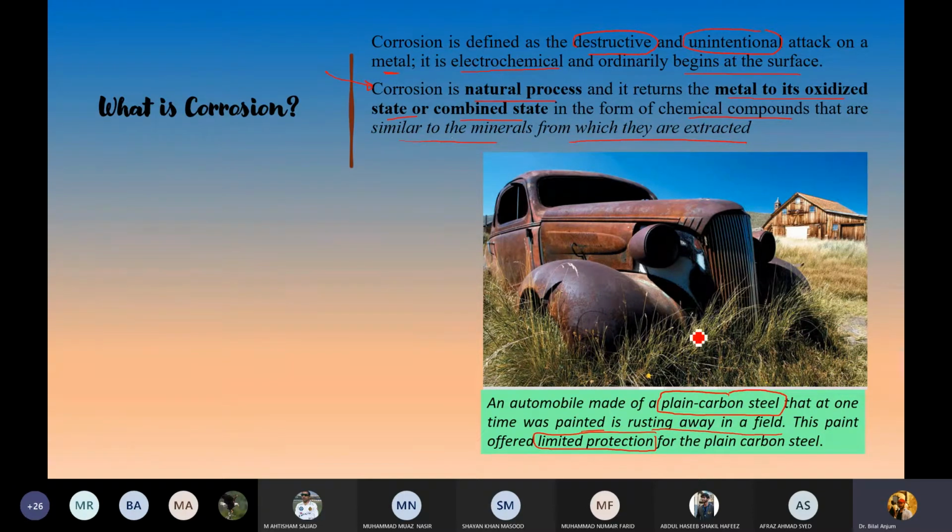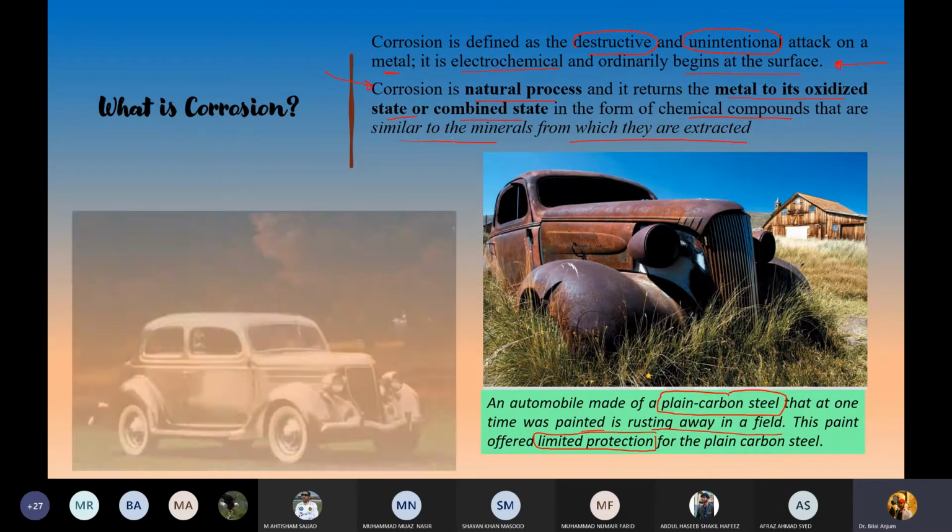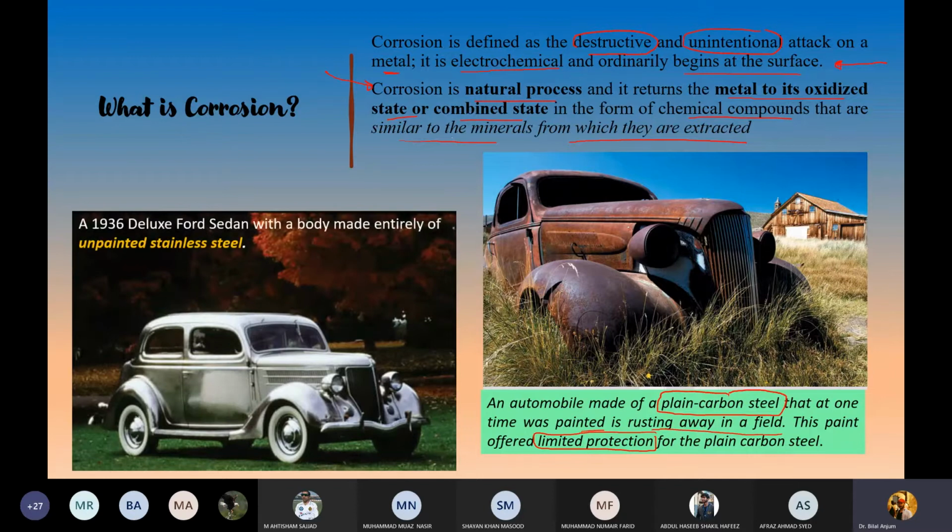And why did you paint the body? Because the process begins at the surface, so you had to protect the surface in order to retain the automobile in the form of plain carbon steel. But you could still have examples, for instance a Ford sedan that was unpainted but made up of stainless steel.